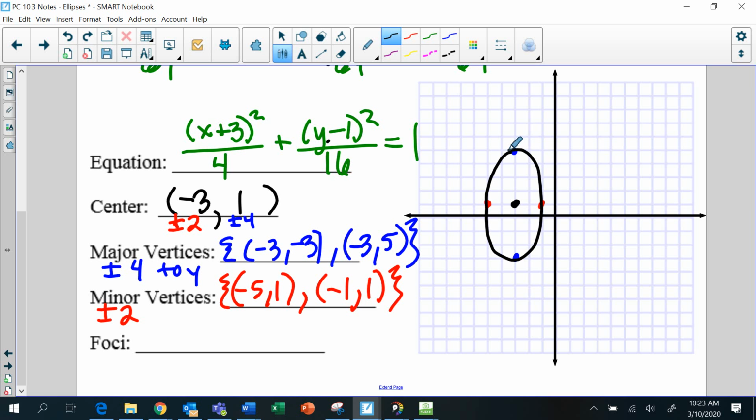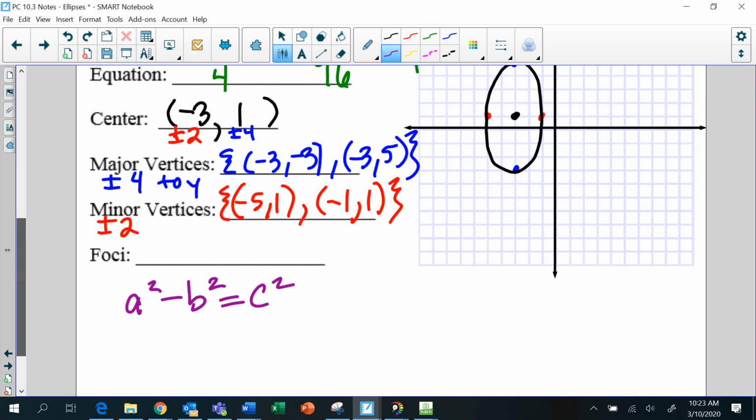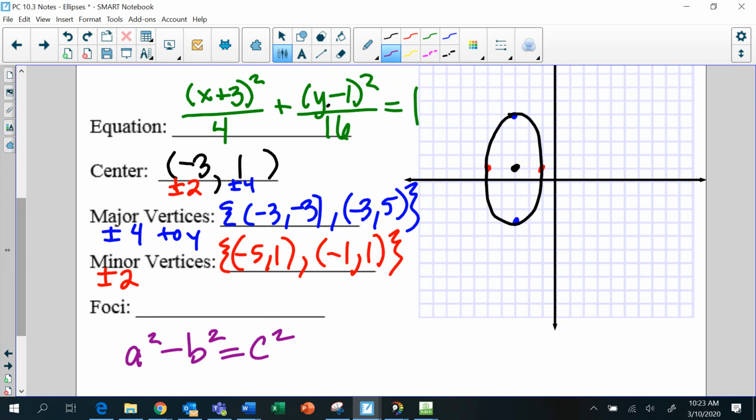And then we just have one more thing to find and graph, and that's the foci. Somebody remember the equation for the foci? A squared minus b squared equals c squared. So you look at your numbers under the x's and y's. Those are the a and b squareds. Which one's bigger? 16.